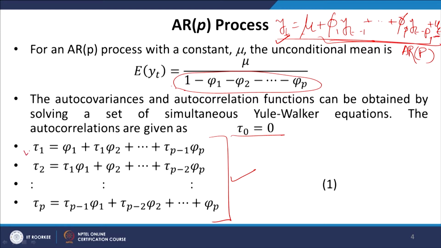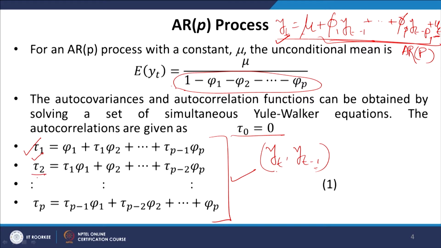So, tau 1 refers to the autocorrelation between yt and yt minus 1. When the lag between the two observations is 1, we denote it by 1, and tau refers to autocorrelation.